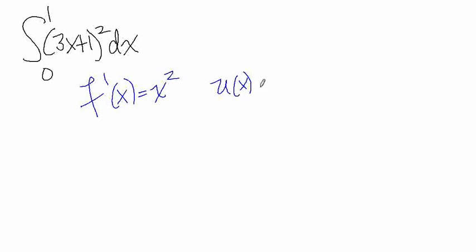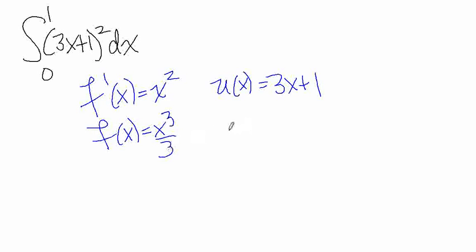There's only one composition in this problem, so it has to be 3x plus 1. So that implies that f of x is x cubed over 3. U prime is equal to 3, and this definite integral does not follow the pattern that I'm trying to use in this video.